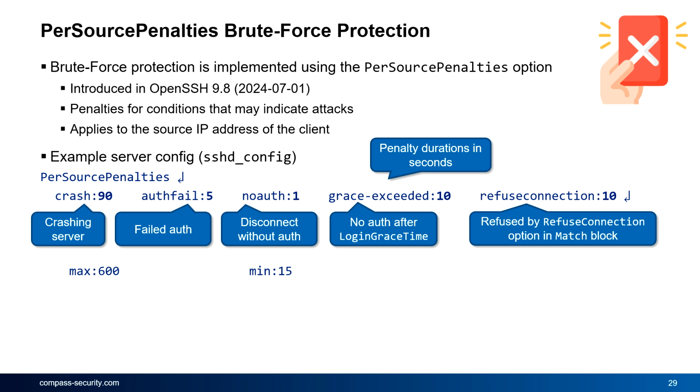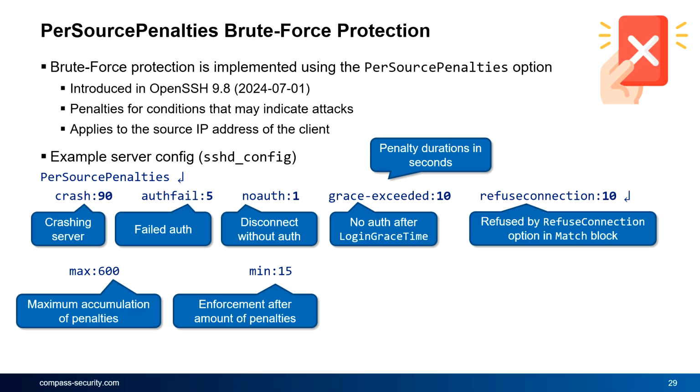Then these penalty seconds are not directly applied. It has to be configured when these are applied and for how long. So there is a maximum penalty that can be configured. In this case, a client is only banned for 600 seconds, and then the penalty itself is only enforced after 15 seconds and not straight from the beginning.